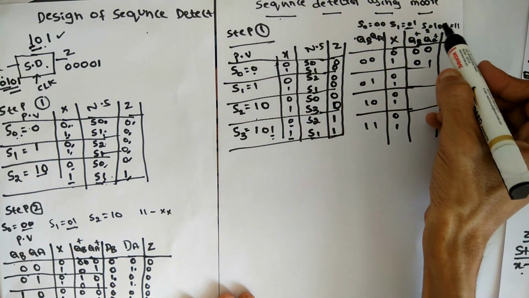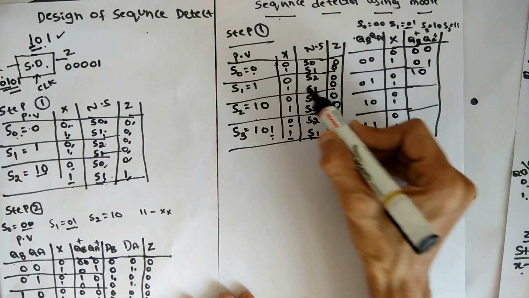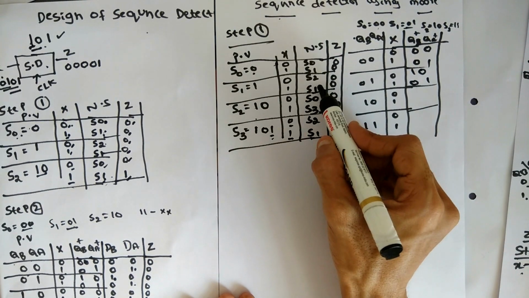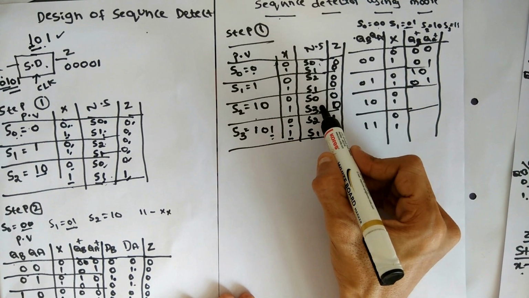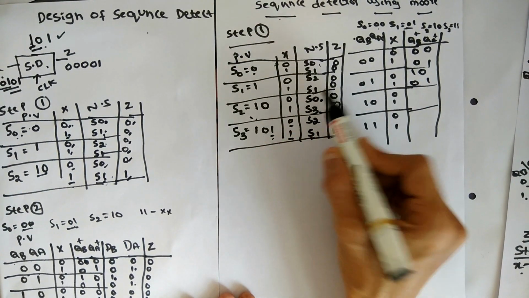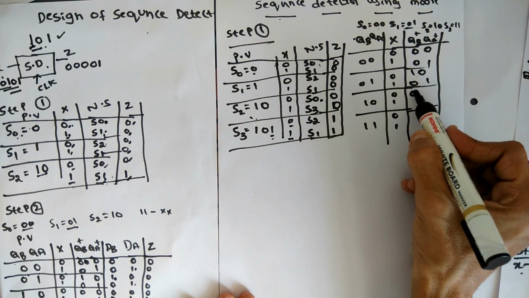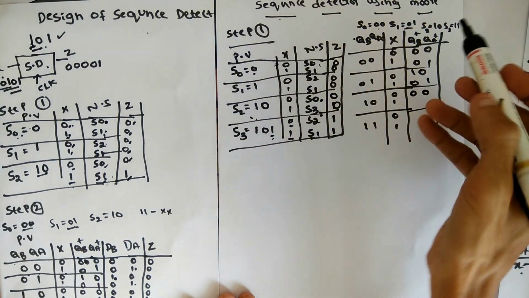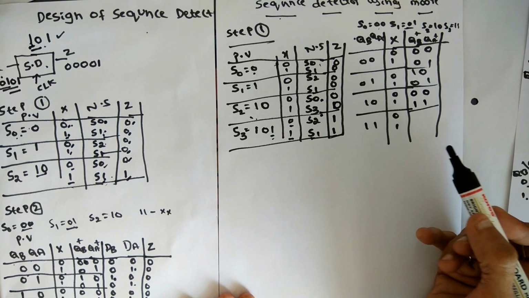Next it is S2. S2 is 1 0, and S1 is 0 1, and then these two are finished. Then we go for the S3 portion. S0 is again 0 0, and S3 is 1 1, so this state becomes 1 1.